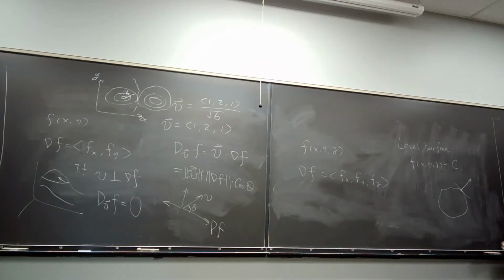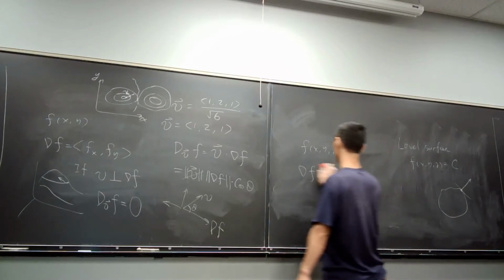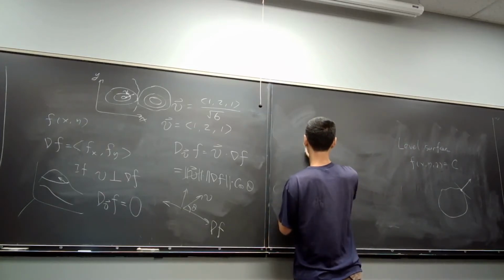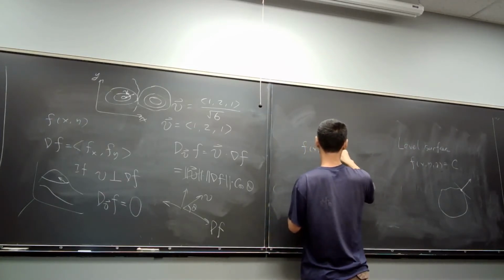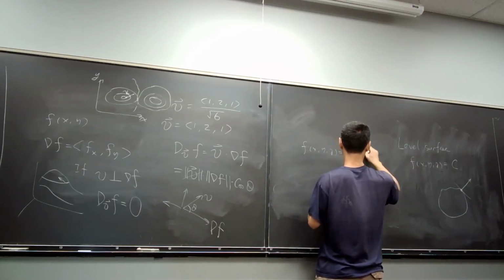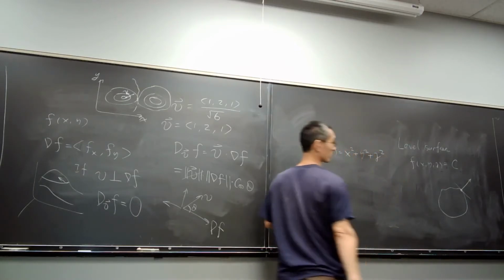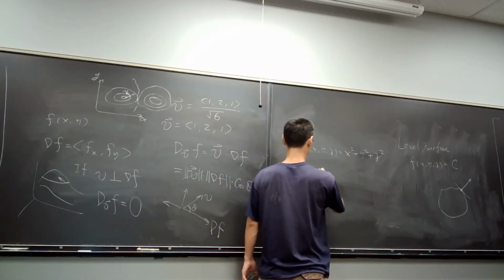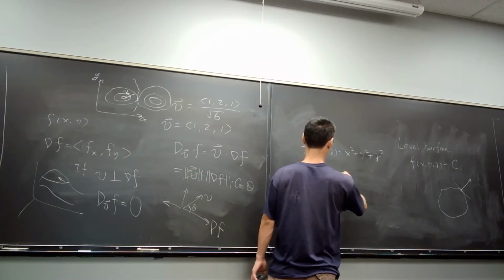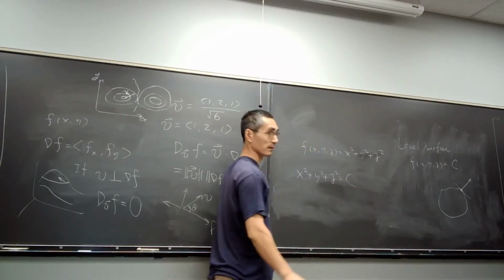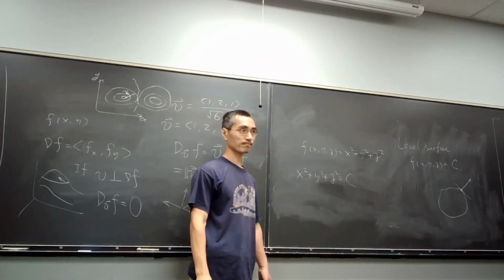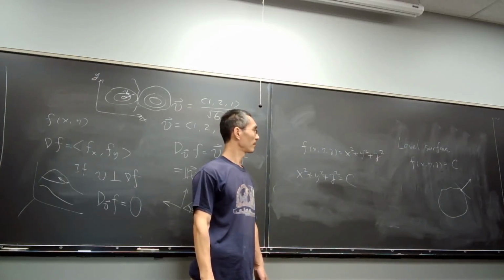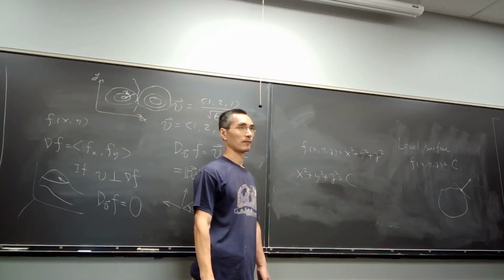Okay? Let's see an example so you can understand this better. The simplest one. Because the level surface is, what does this represent? A sphere?